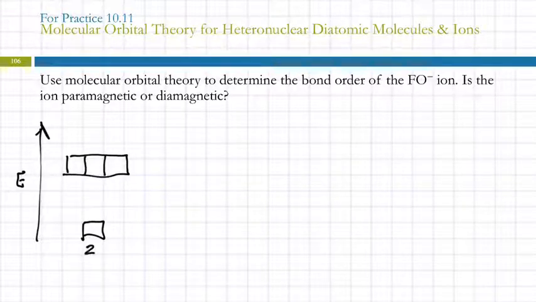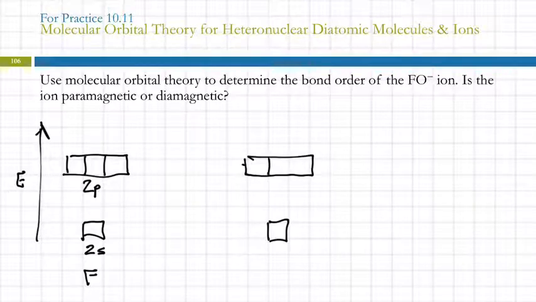So fluorine has 2s and 2p orbitals, and oxygen, we're not going to worry about relative ordering of orbitals like we did with the HF or even with the NO. That's just too much.